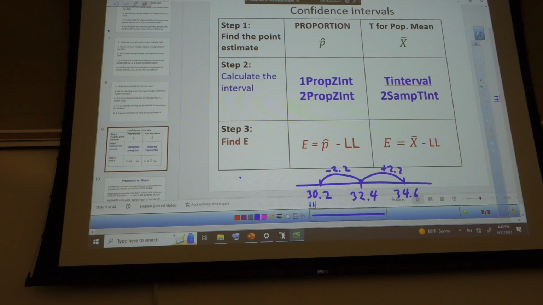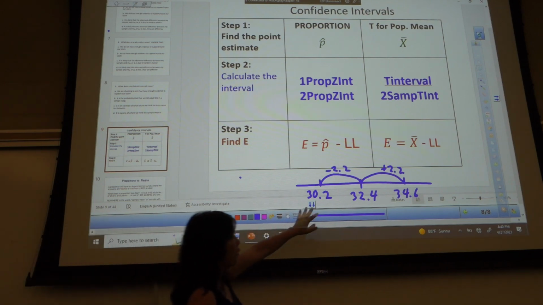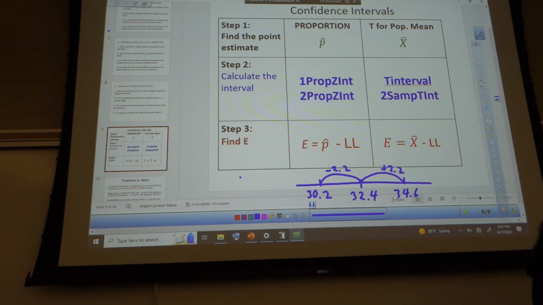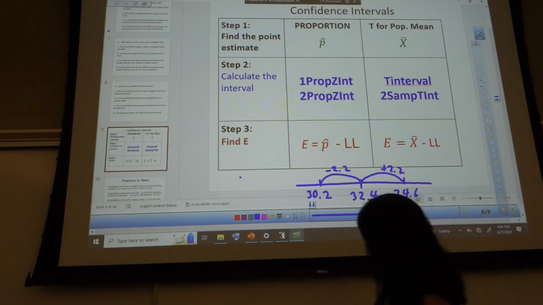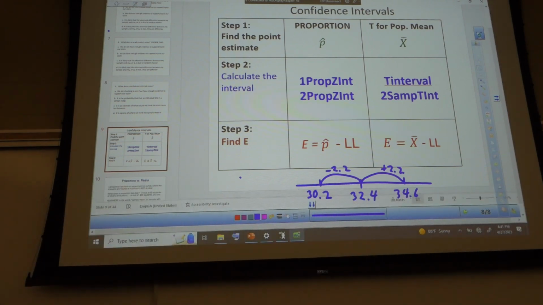Here's a confidence interval picture. If I've drawn it out, this is what it would be: lower limit, X bar, upper limit. I want you folks to find the best point estimate and write it down. Write down what you think the best point estimate is for this picture that I've drawn.